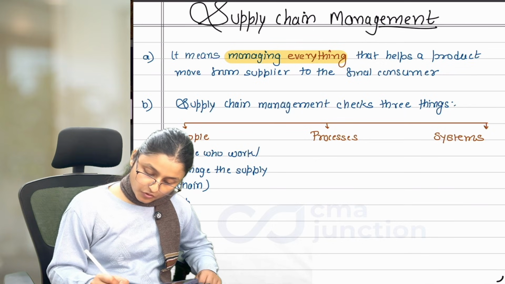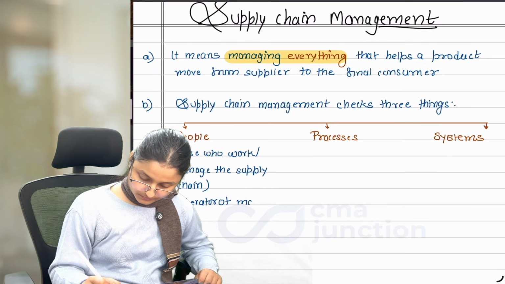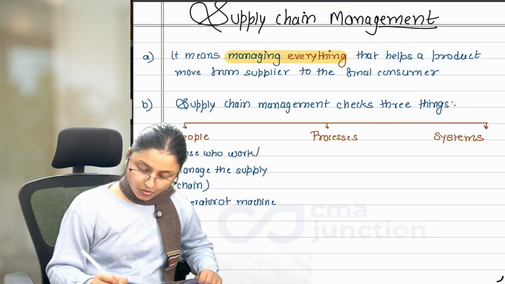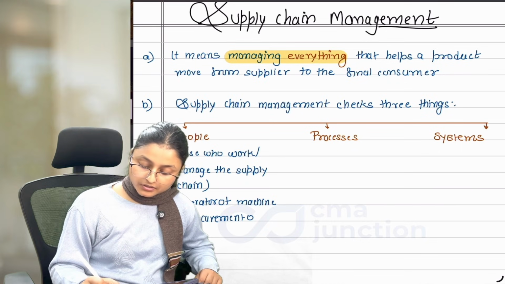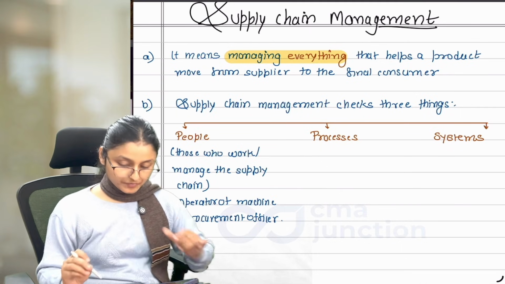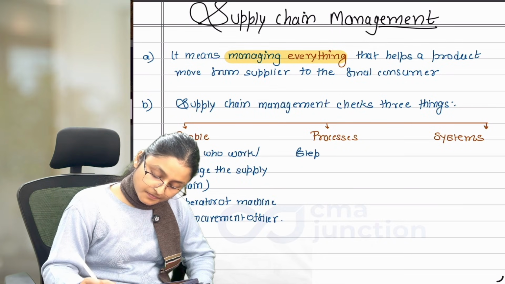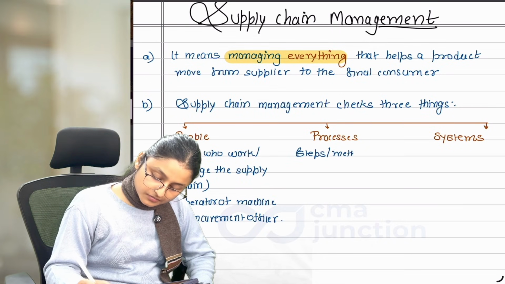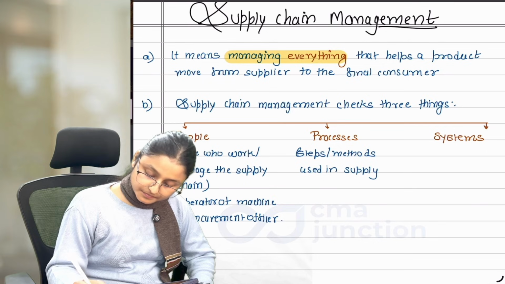Let's take an example of operator of machine or a procurement officer. These are only examples. There are more people involved, a lot of people involved in supply chain. We are just taking some examples here. Processes are the steps or methods used in supply chain activities.